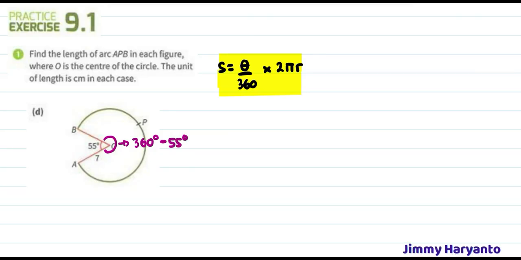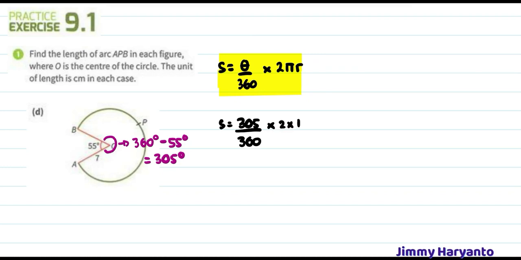You will have 305 degrees as the angle, and that means the arc length will be 305 over 360 times 2 times pi times 7, and the answer is 37.3 centimeters.